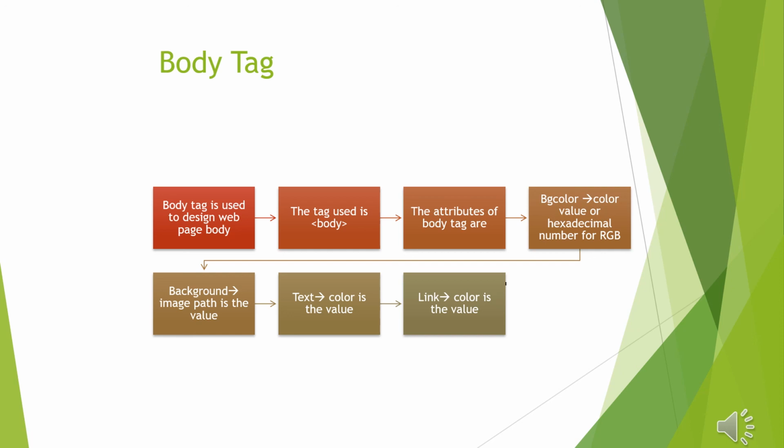By default, whenever you see any website, it is blue in color. Similarly, you can change the color of that by giving link equal to the name of the color. Okay, so these are the attributes of the body tag.